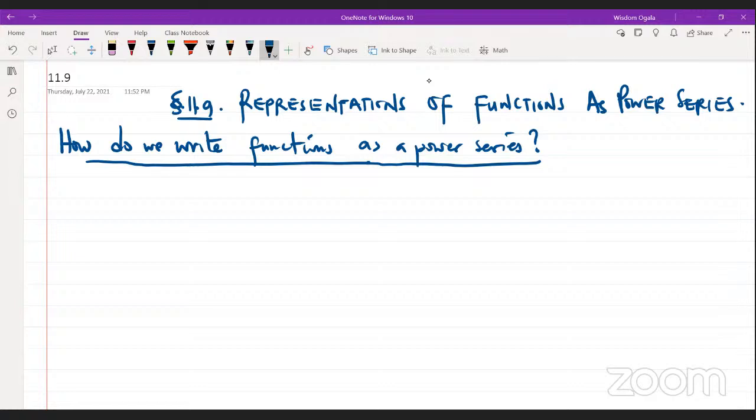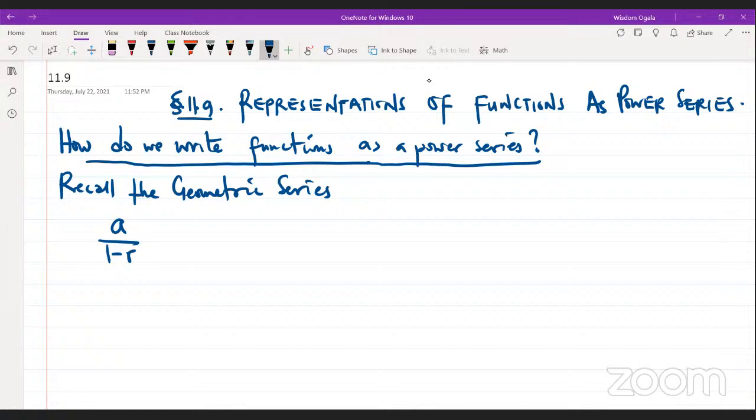So let's start from building. Let's recall the geometric series. Now, remember the sum is given by a divided by 1 minus r.